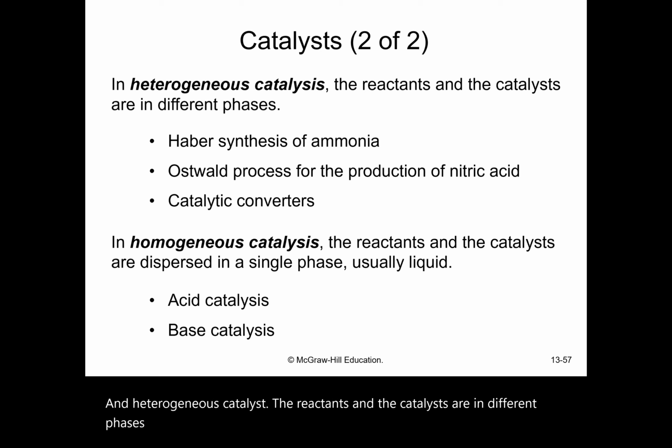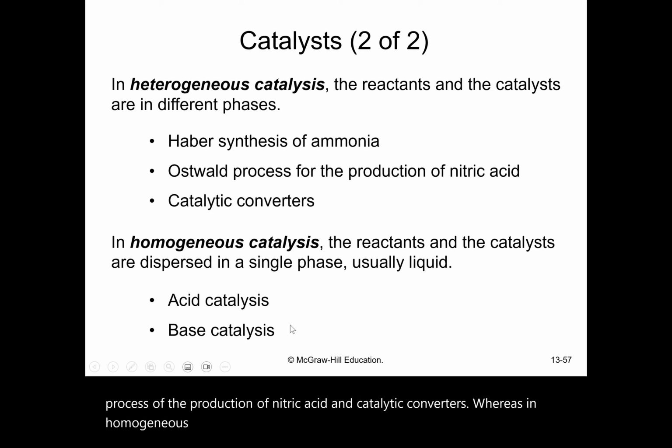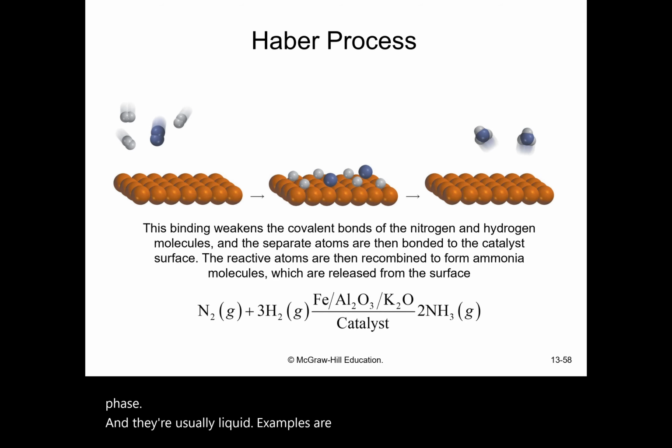So here we have some examples: Haber synthesis of ammonia, Ostwald process of the production of nitric acid, and catalytic converters. Whereas in homogeneous catalysts, the reactants and the catalyst are dispersed in a single phase, and they're usually liquid. Examples are acid and base catalysts.